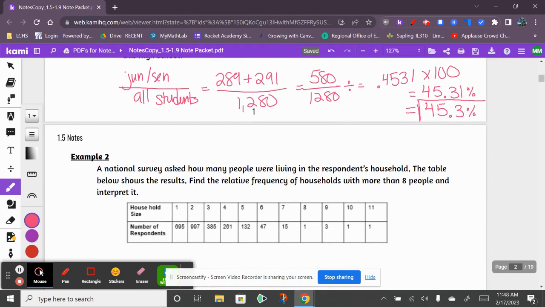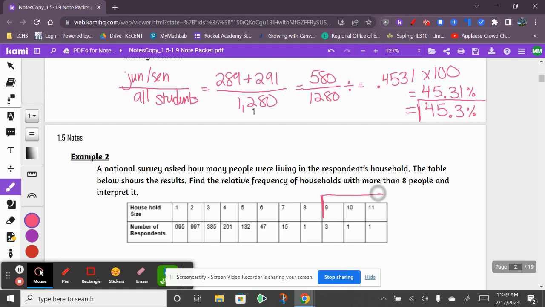For example 2, a national survey asked how many people were living in the respondent's household. The table below shows the results. Find the relative frequency of households with more than 8 people and interpret it. So for this one, we want more than 8 people. So we're not even going to include 8.